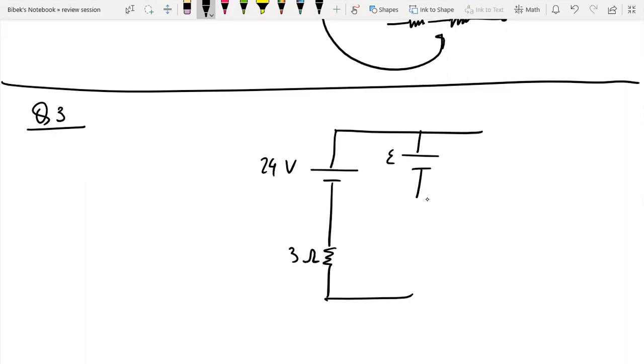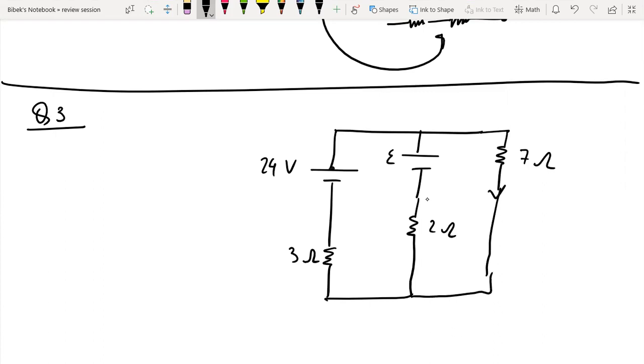The EMF you don't know, and you need to find. It's 2 ohms. This one is 7 ohms. And you have current flowing here, which is given to be I, 1.75 ampere. So you need to find the E.